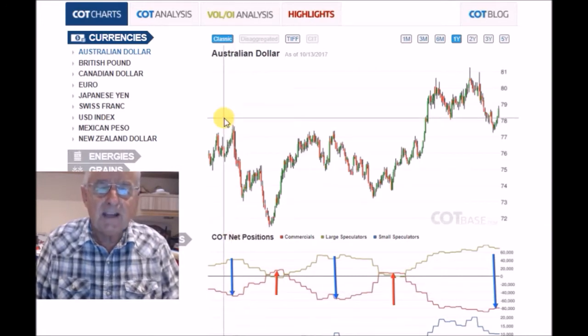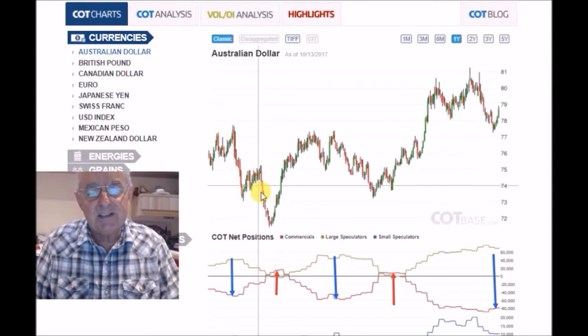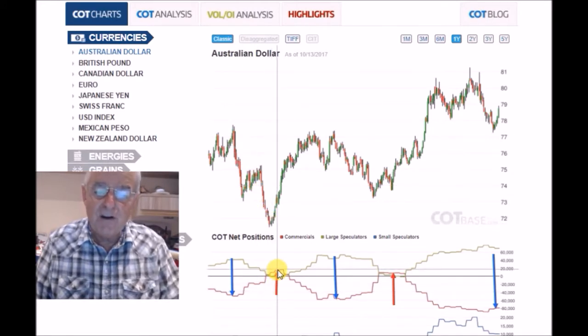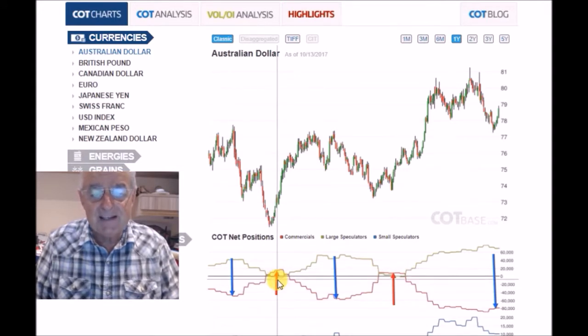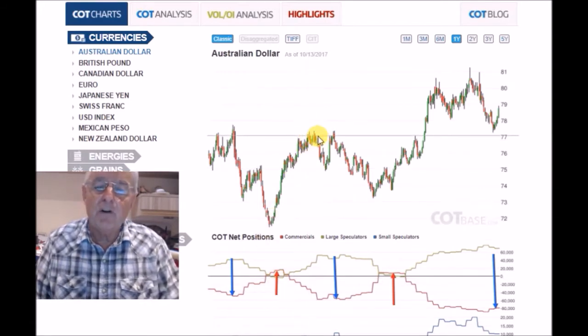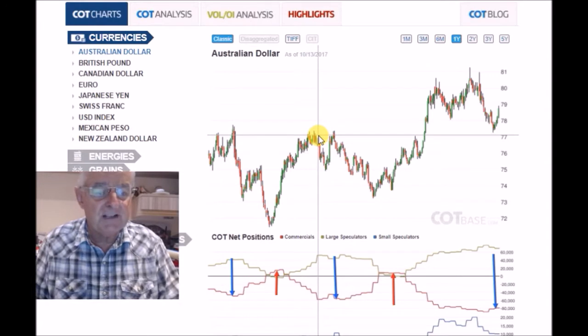You can see we had a big drop off in the price of the Australian dollar. Conversely, when we were at a high and very bullish for the commercials, and we were fairly bearish for the non-commercials, we actually had a hike in the rise of the price of the Australian dollar.